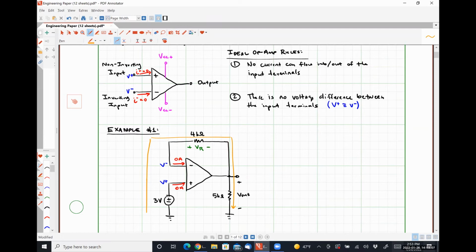And I can see that -3 volts plus VR, which we know to be 0 volts, plus V out is equal to 0, which tells me that V out is 3 volts.